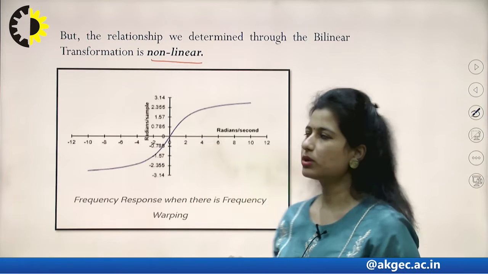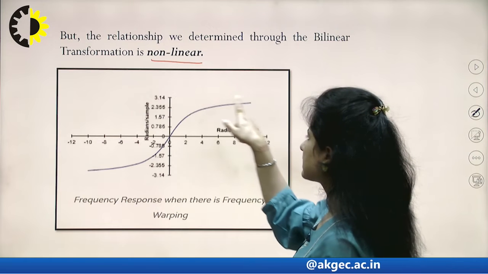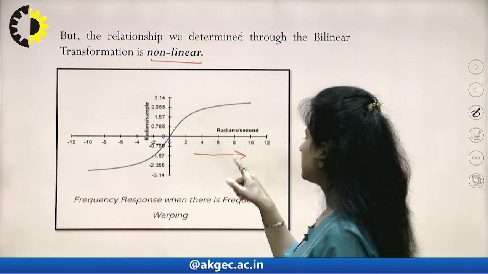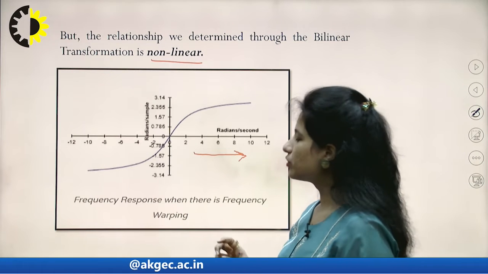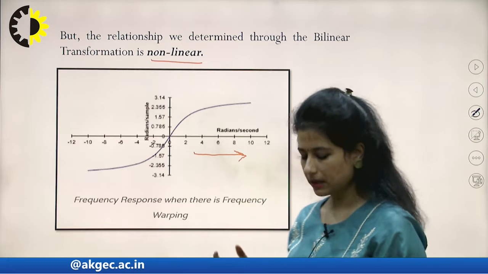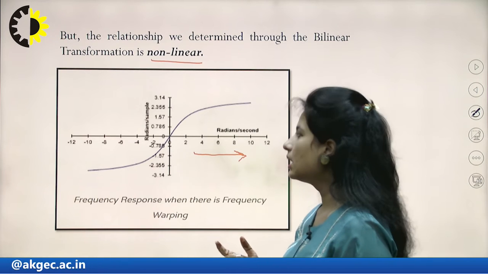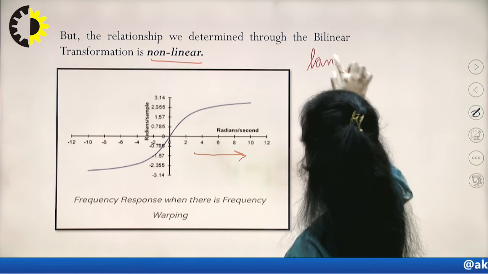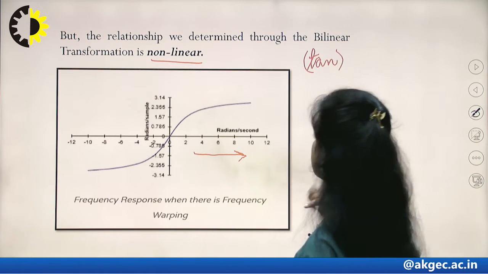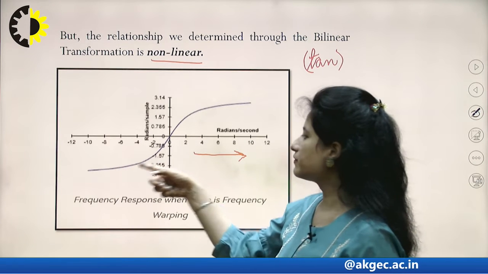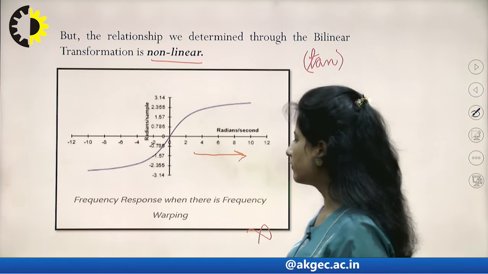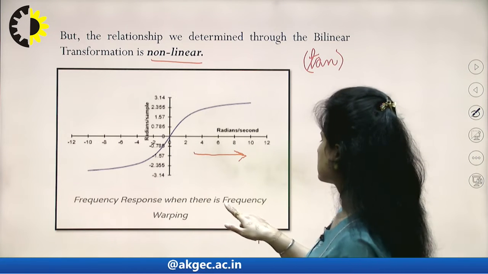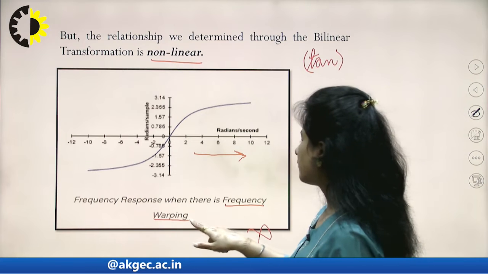So the system response would be bent, either expanding or compressing the frequencies, depending upon the non-linearity the system introduces. So the tangent function we have obtained because of this bilinear transformation is responsible for adding this bend into the curve, making my response non-linear. This is the phenomenon which we call frequency warping.